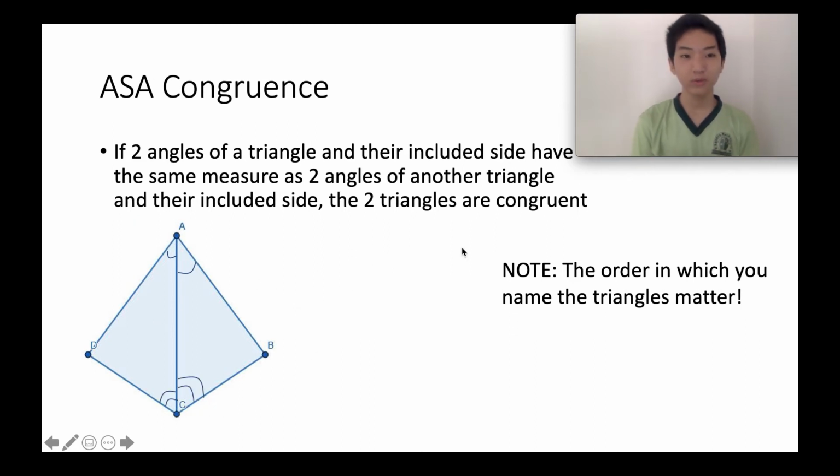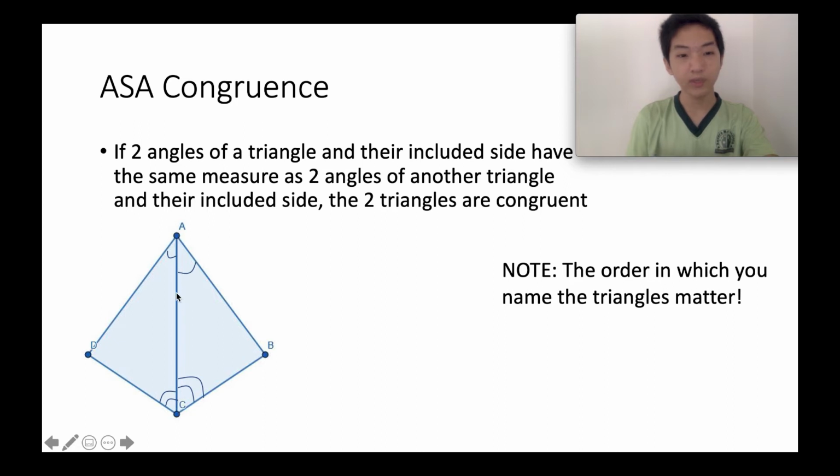Now I will be going over ASA congruence. What it is, is that if two angles of a triangle and their included side have the same measure as two angles of another triangle and their included side, the two triangles are congruent. As you can see here with our example, it is given that angle CAB is congruent to angle CAD, and angle ACD is congruent to angle ACB.